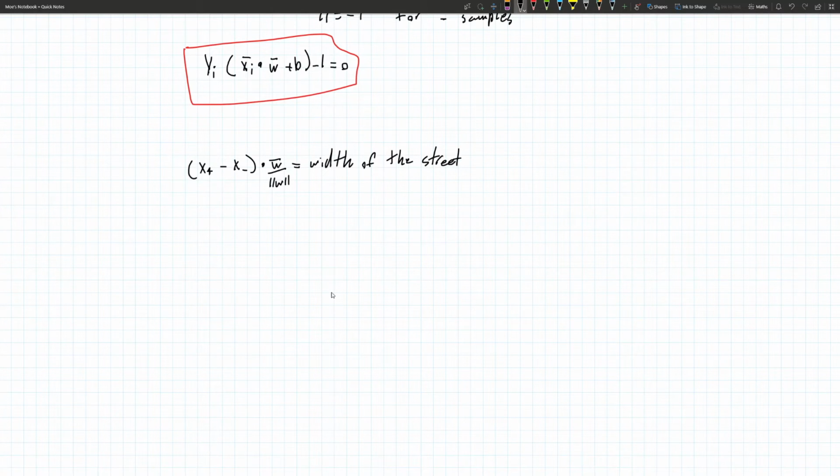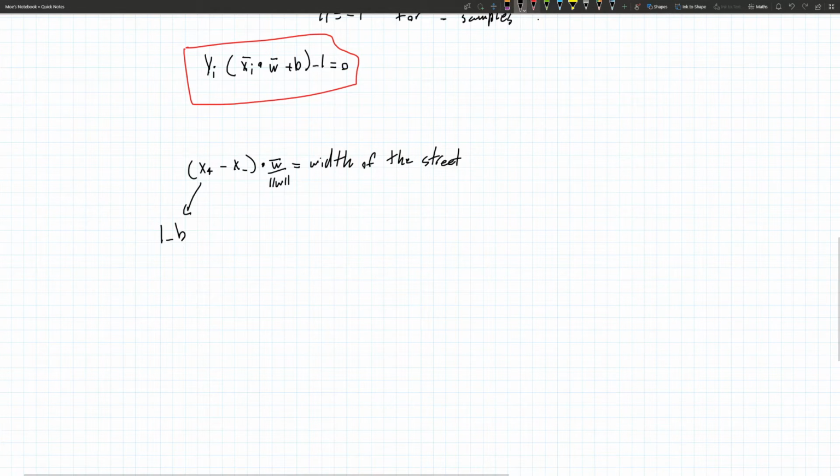But for these values, we use this constraint to get the values of x plus and x minus, because now we know that x plus will be positive and x minus will be negative.